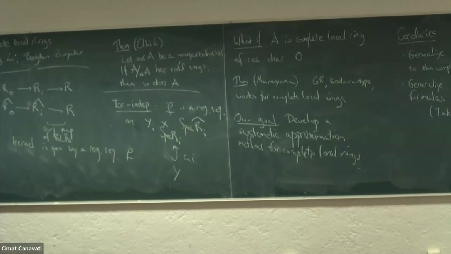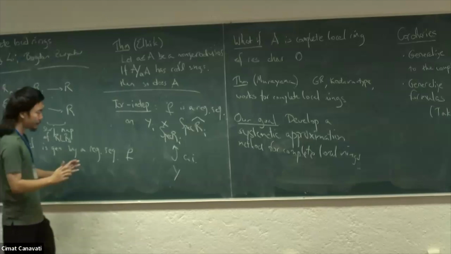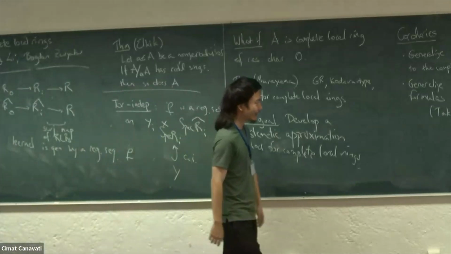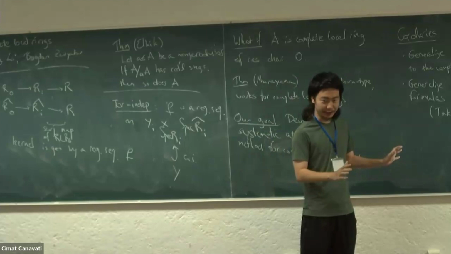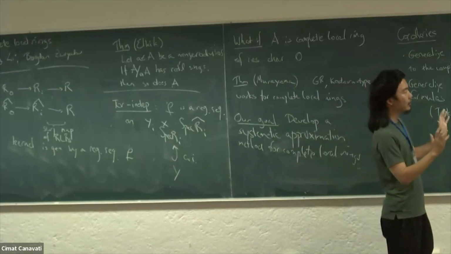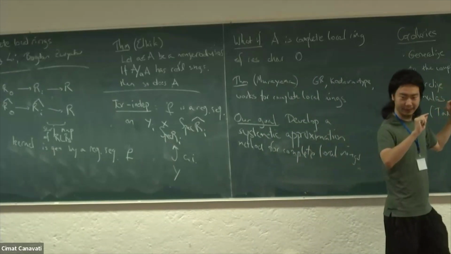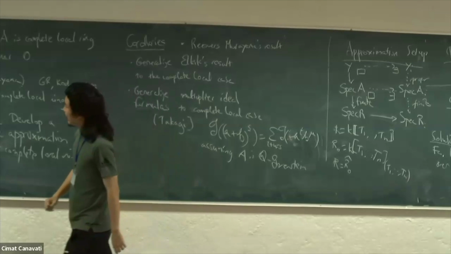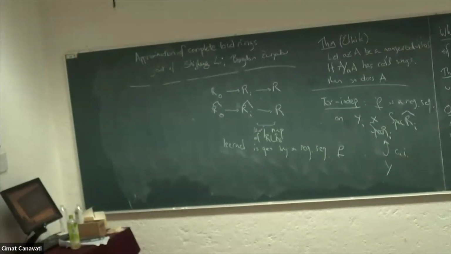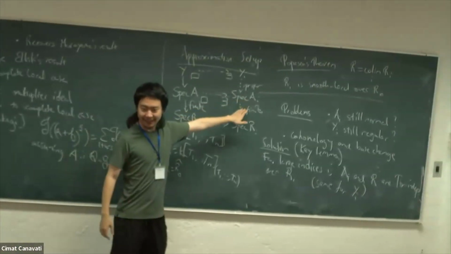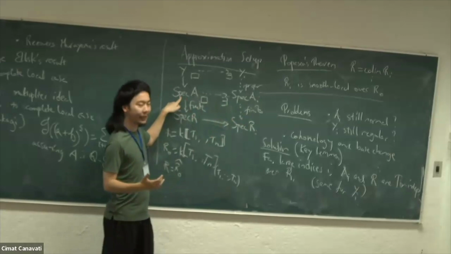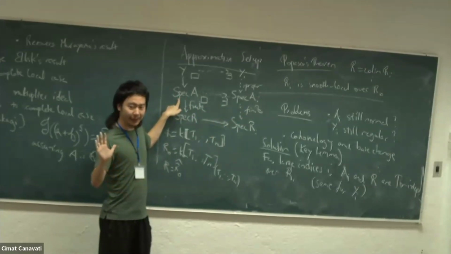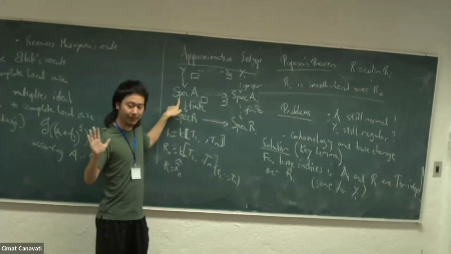So I think I do have 2 minutes, right? Let me mention something that you cannot do with this construction: existence type results. Let's say you can run MMP over each Spec A_i. Do I now know I can run MMP over A? The answer is no, because the base changes may not be compatible.